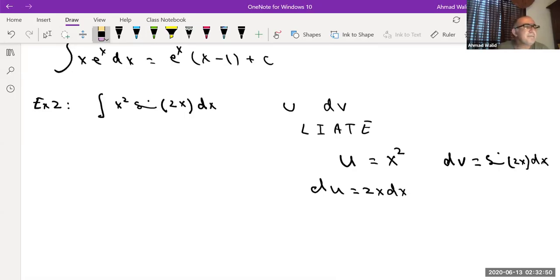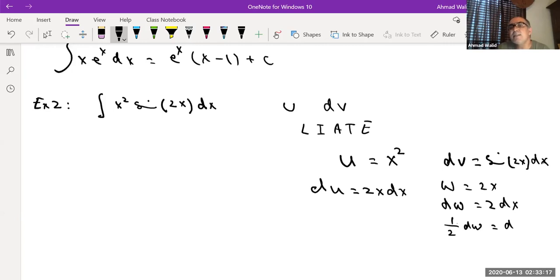Let's use another variable, for example, w. If your w is 2x, then dw equals 2 dx. And if you solve for dx, 1/2 of dw equals dx.